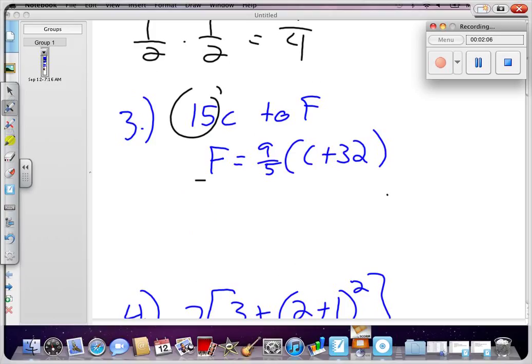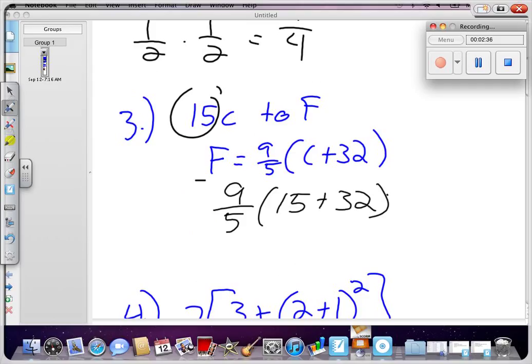Fahrenheit equals 9/5 times the quantity of Celsius plus 32. So all you're going to do is replace what with 15? What are we going to take out and put 15 in? Yep. You know, Scott? Stretching. We're going to take out C. So we're going to take 9/5 and put 15 plus 32.